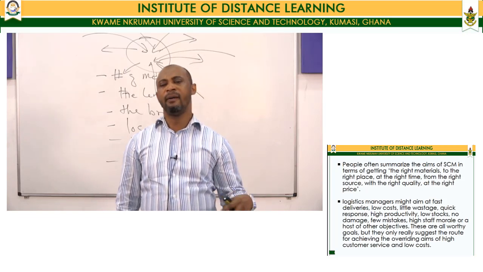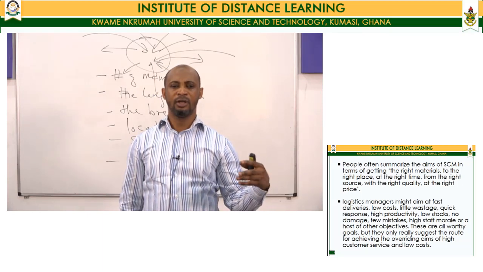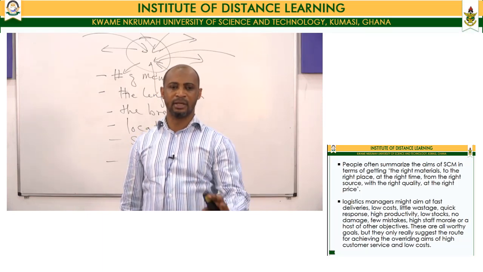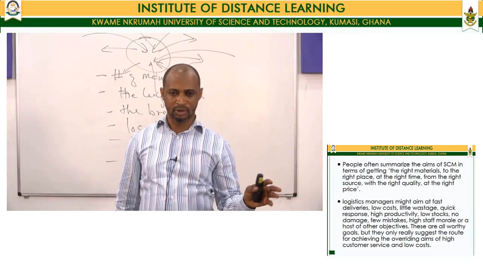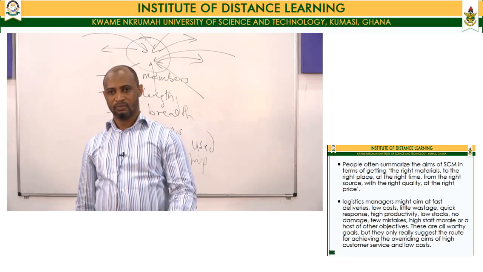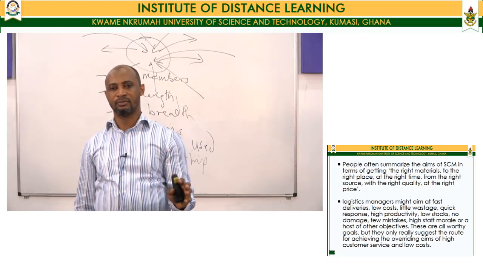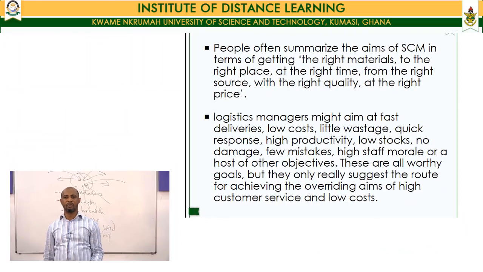So, generally, people often summarize the aim of the supply chain as getting the right material to the right place at the right time, from the right source, with the right quantity, at the right price. Take note of this. This is a big summary of the aim of the supply chain.